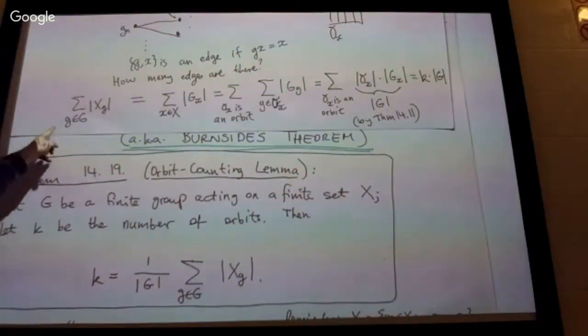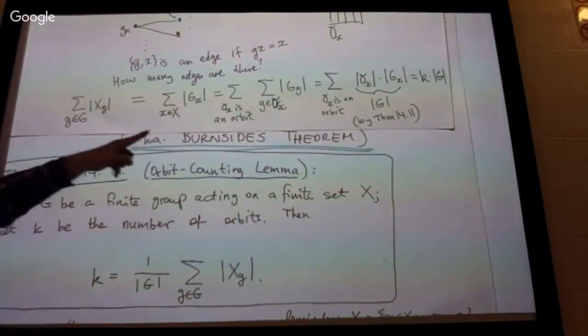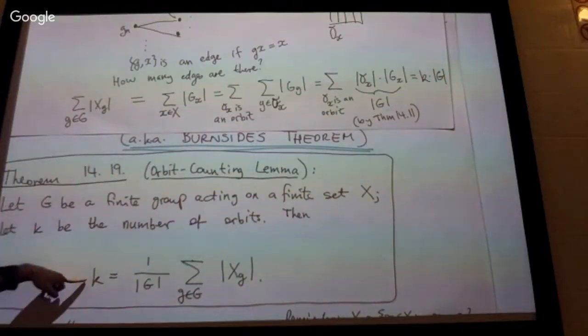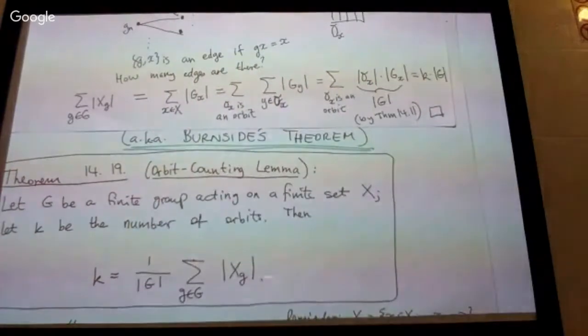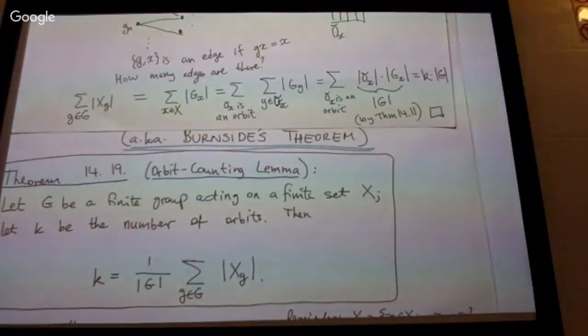And this is saying this sum is K times the order of the group. So divide that equality by the order of the group G, and you get exactly this. Because I'm running out of paper. Okay, any questions?